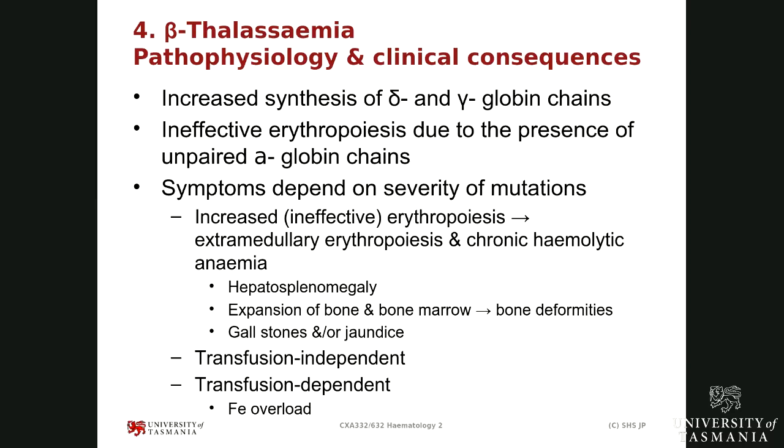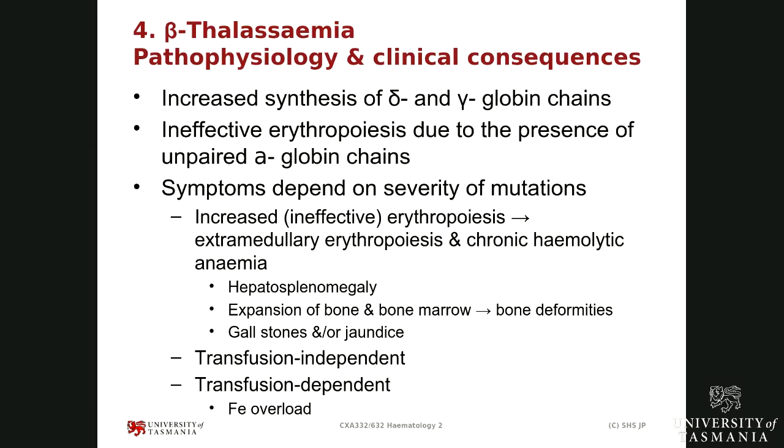The issue here with the transfusion dependent forms is iron overload. Iron overload happens because you are bypassing the gut. You may recall from your normal iron metabolism that you learned about last year that it's all about the absorption of iron, that's the rate limiting process.